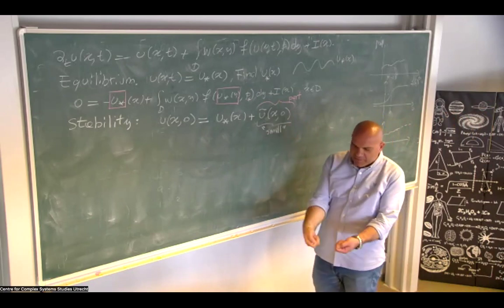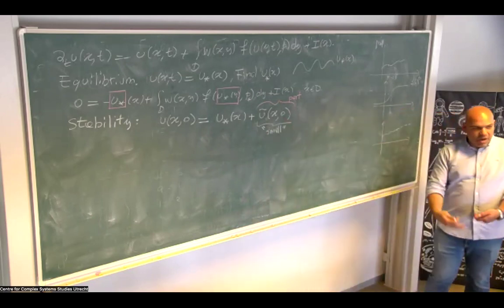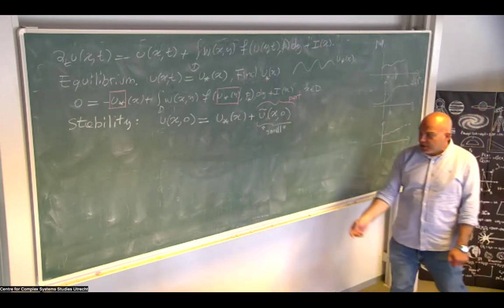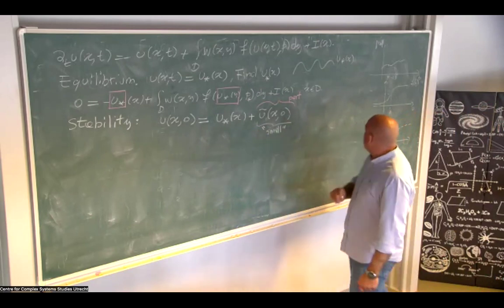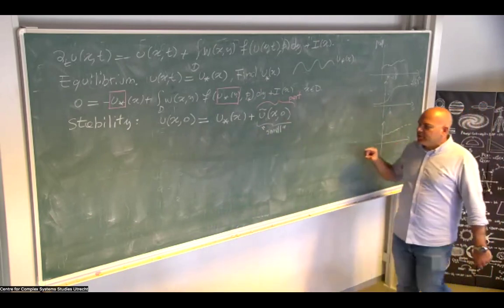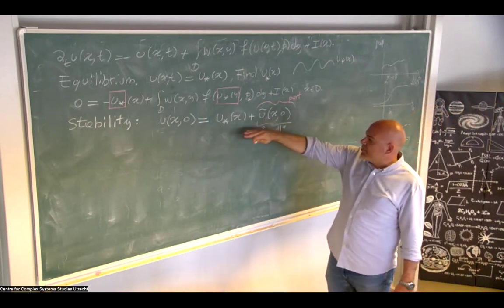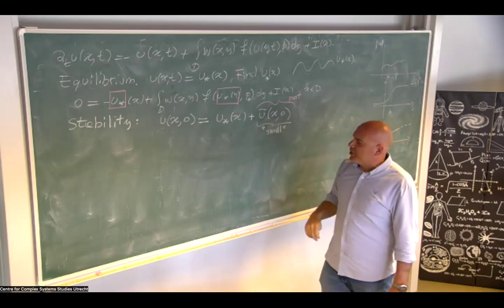You are just having an imperfection, some sort of experimental imperfection, or even your numerics causes this imperfection. You're trying to simulate a system in this region of parameters, and because of noise, there is a mismatch between the true steady state and some perturbations.